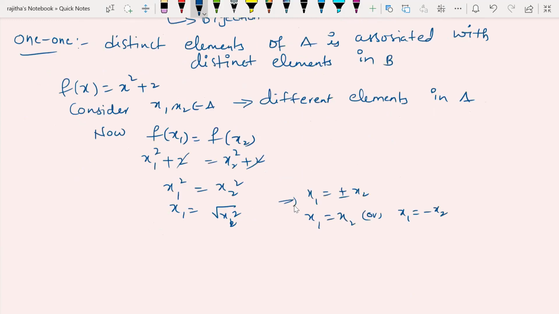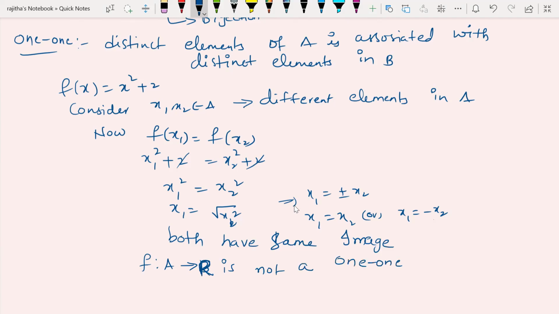Clearly observe here, x1 equal to x2 or -x2, both have the same image. So clearly f, mapping from A to R (real numbers you have to take), is not one-one or injection.